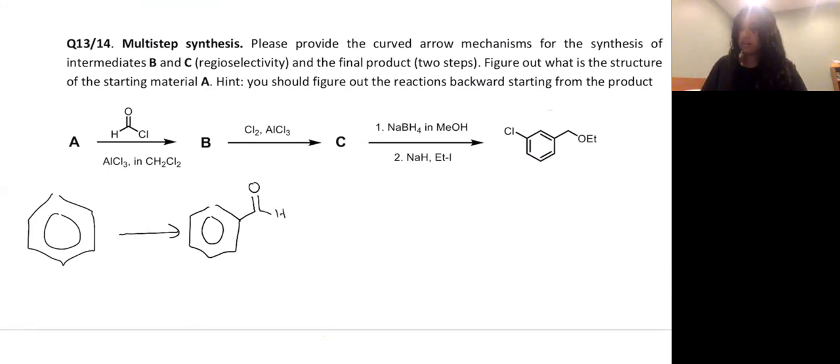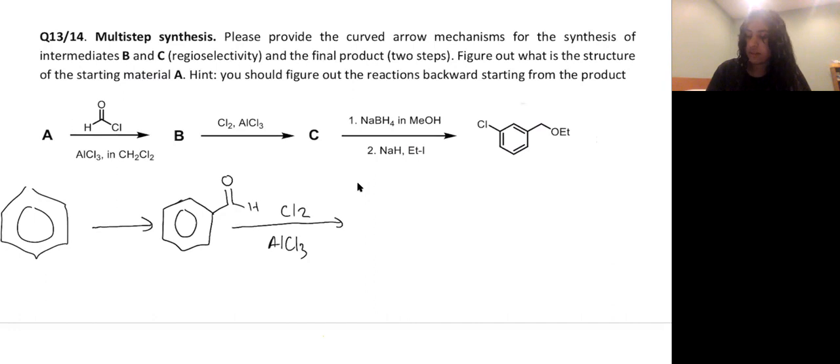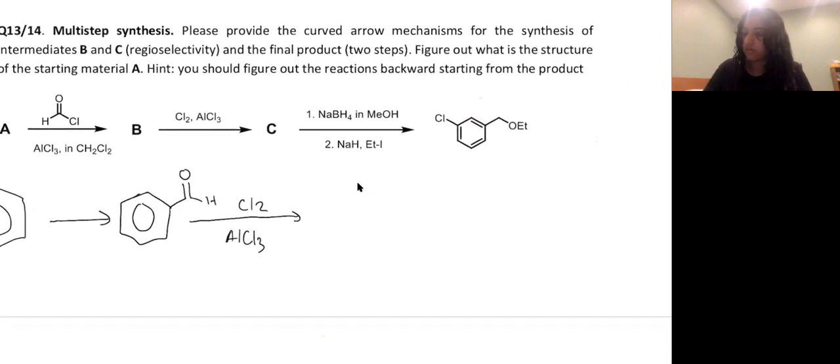You get a benzaldehyde. Now that you have a benzaldehyde, we're doing a chlorination with it. So Cl2, AlCl3. From this, we're going to add a chlorine somewhere. The carbonyl is a meta director, so I'm going to add the chlorine meta to the carbonyl.